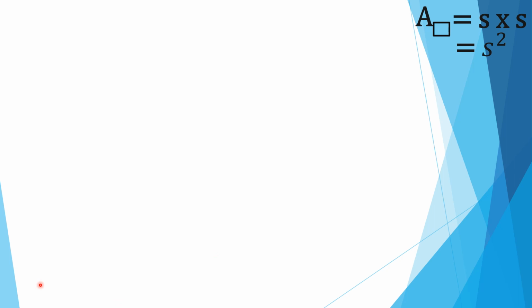Example, if we have a square whose measure is 2 centimeter by 2 centimeter, we are going to multiply 2 centimeter times 2 centimeter.